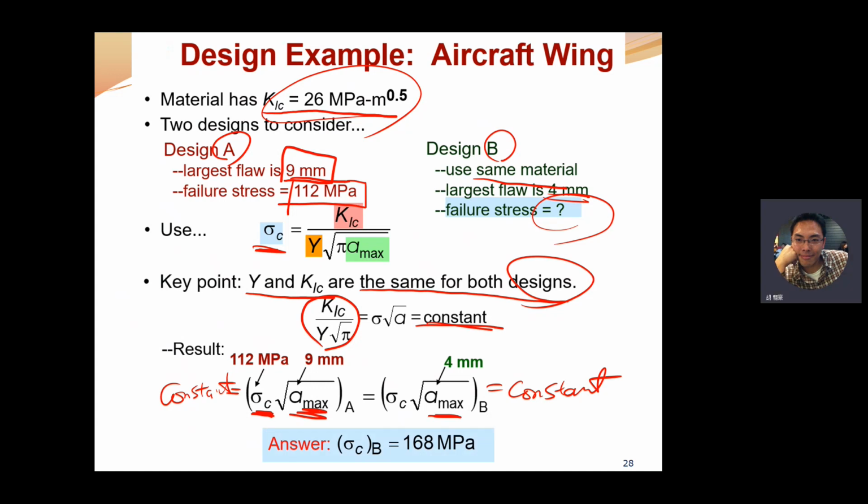Therefore we can figure out the failure stress of design B equals 168 megapascal.